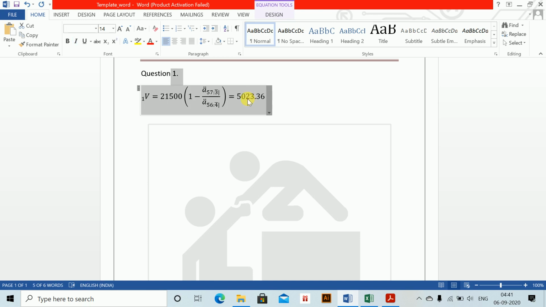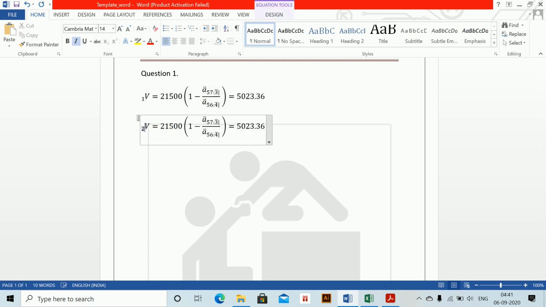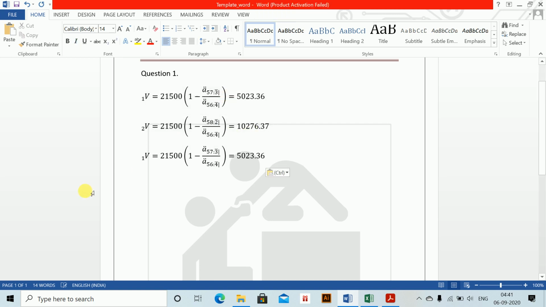Next, copying this entire line and control V, this is 2V is equal to A due 58:2 divided by 56:4, which is equal to 10276.37, and lastly is 3V, which is equal to A due 59:1, which is equal to 1559.01. So these are the results.